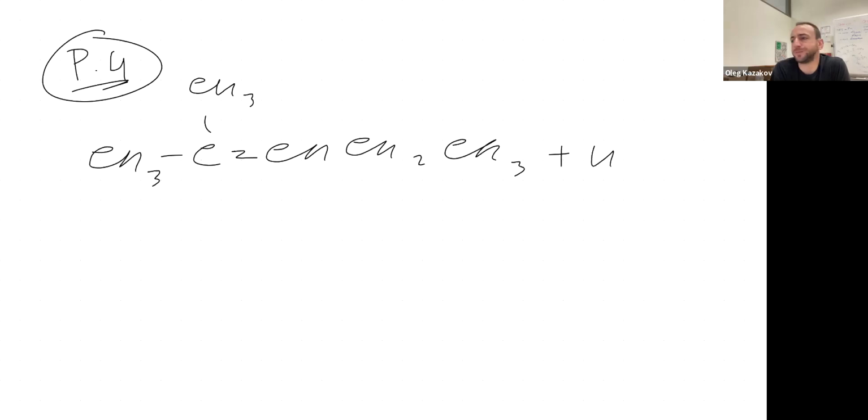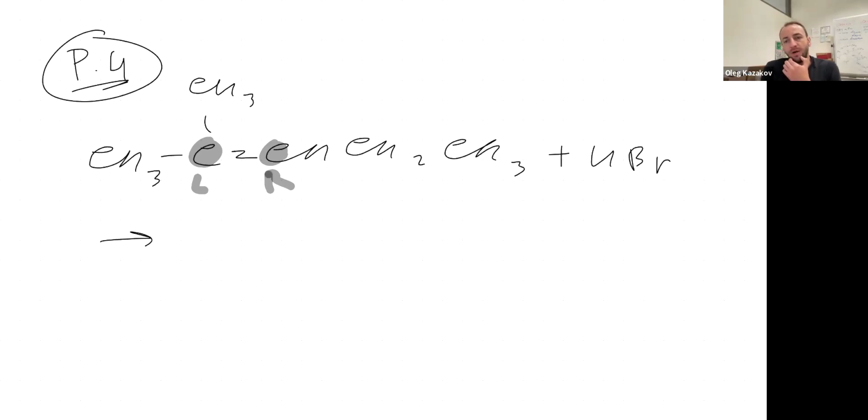Now, according to our considerations, we can potentially have two isomers, right? Let me use a highlighter. So this carbon and that carbon, let's call them left and right carbon. So what's going to happen? Potentially you can add HBr in either fashion.